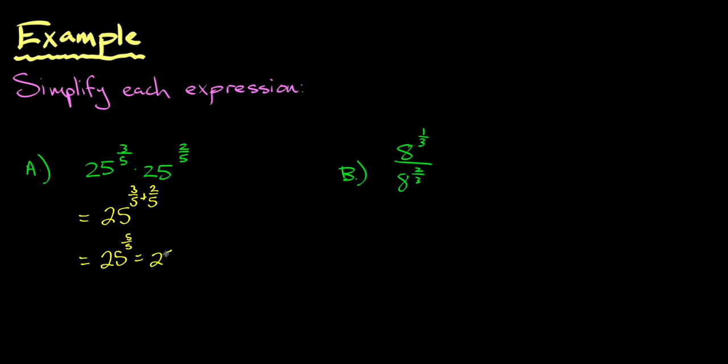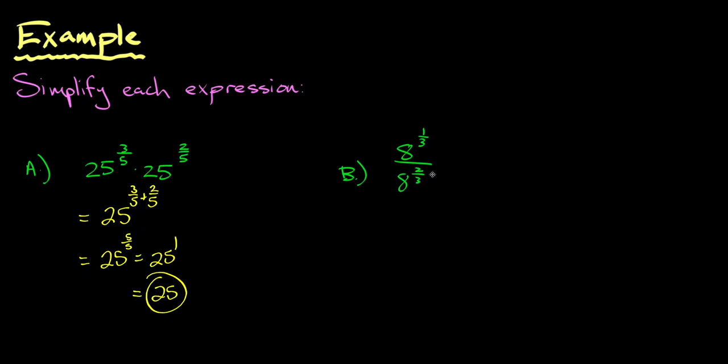And 25 to the first power is 25. So on these problems, you're basically just going to do anything you can. And if for some reason you get to some stage where you can't simplify it, that's okay. Then it's considered simplified.